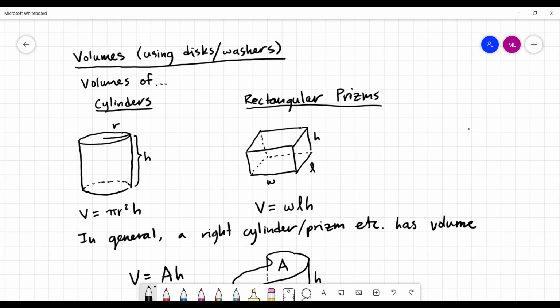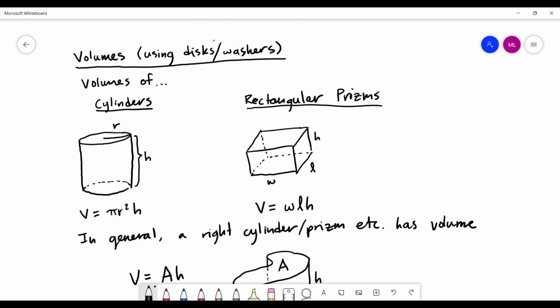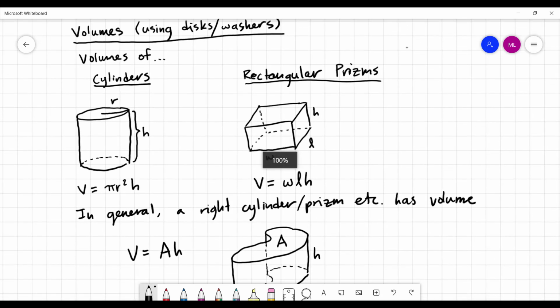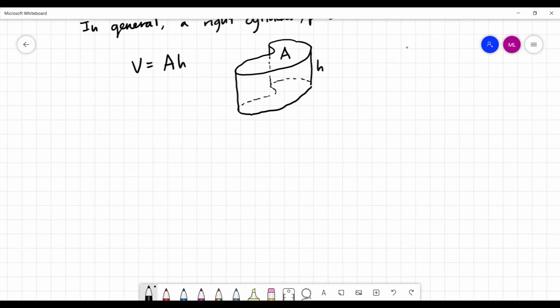This is the disk that I'm thinking of using. Typically, we're going to be working with ones that do in fact have circular cross sections, so I'm going to be dealing with this formula. But this is the disk that I'm going to use to create my volumes.